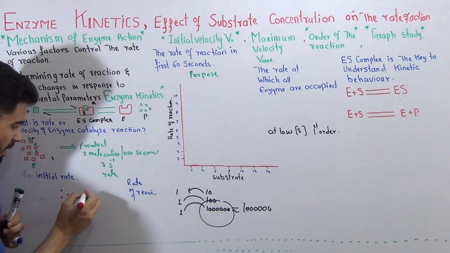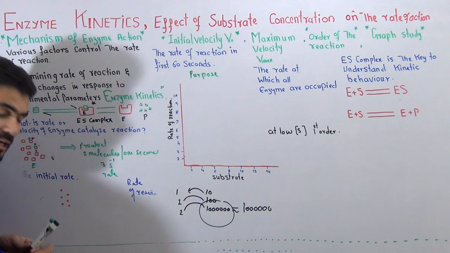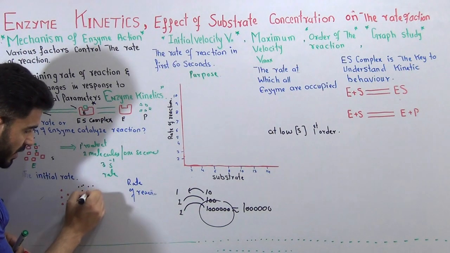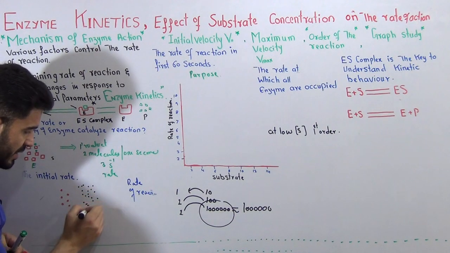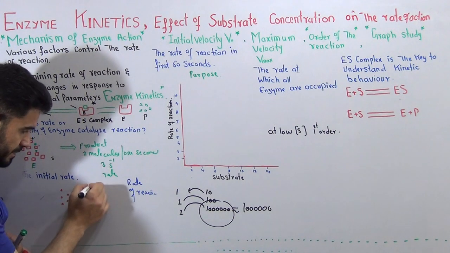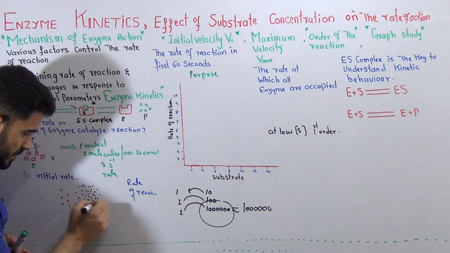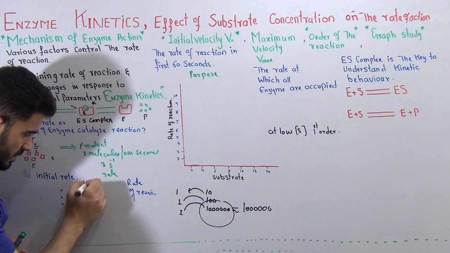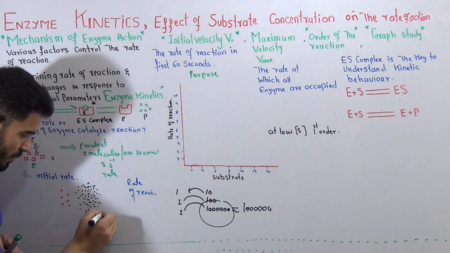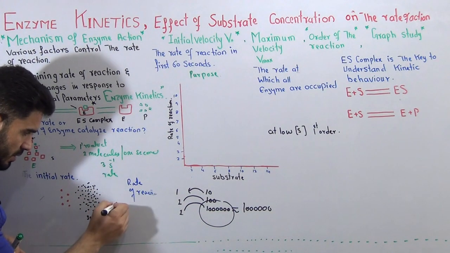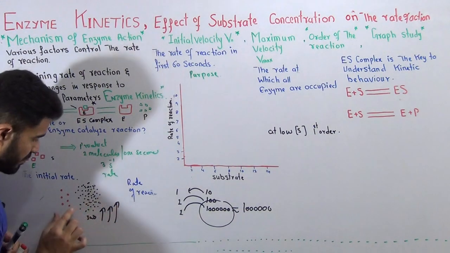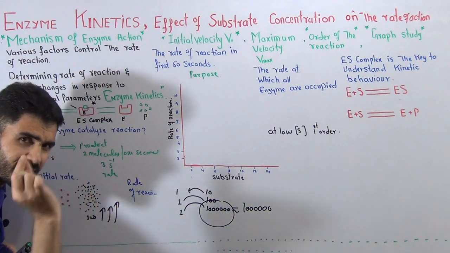So if we take a large amount of substrate, 1, 2, 3, 10, 100, 1,000, lakh, million, billions of molecules, the black dots represent substrate, very high. A large amount of substrate is there, and we have a very small amount of enzyme.